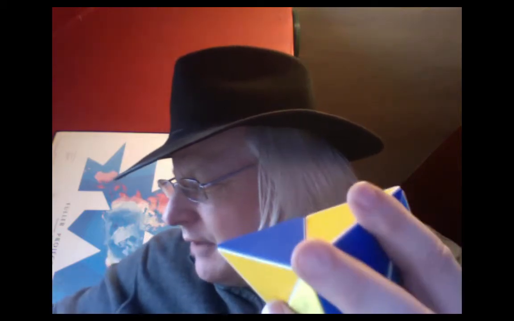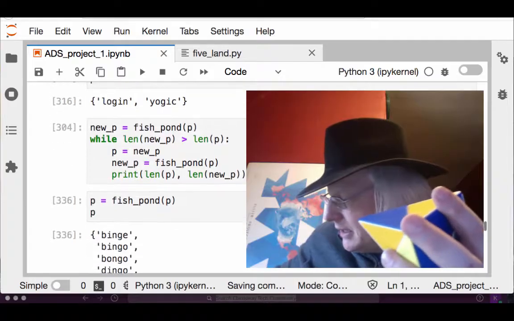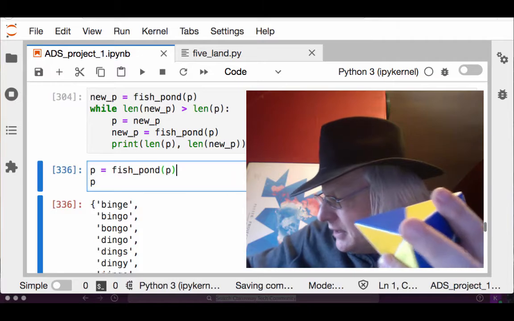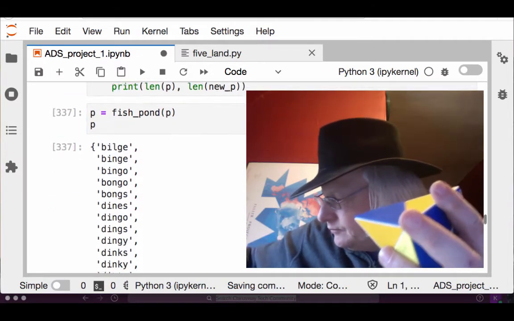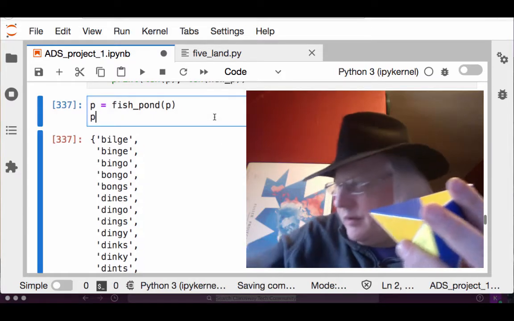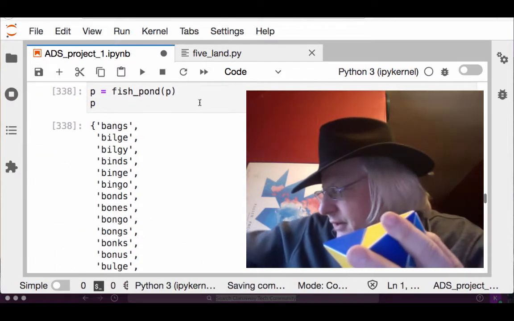I think I would have these all pre-made, but then I keep messing up. So here we go. A third solid kite coming right up.